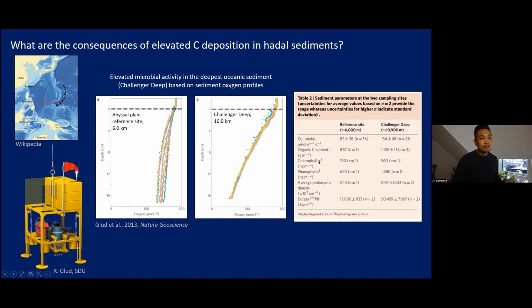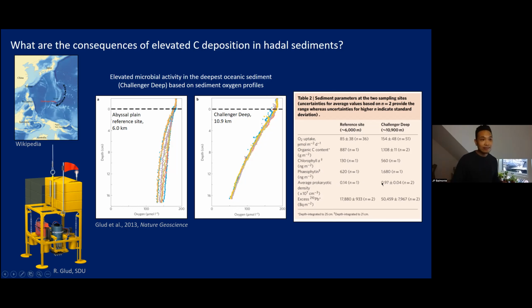They made this nice table that compares several sediment parameters between the reference site and Challenger Deep, comparing, for example, oxygen uptake, 85 micromoles per square meter per day in the reference site, 154 in the Challenger Deep; organic carbon content, 887 versus 1,108; chlorophyll a, phytoplankton pigment coming from primary production, 136.20 versus 560, 1680; average prokaryotic density 0.14 versus 0.97.